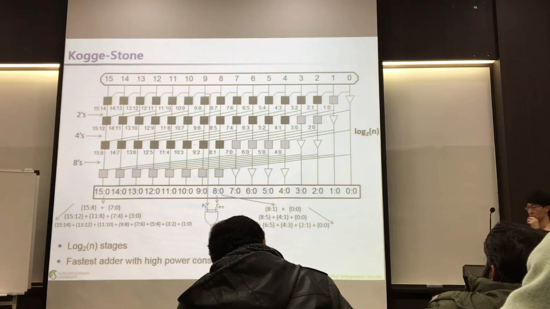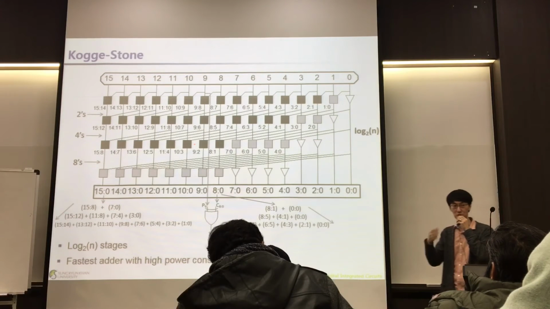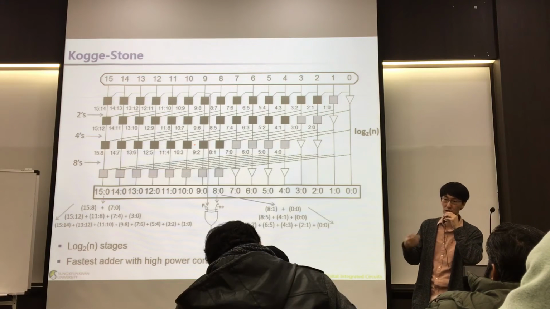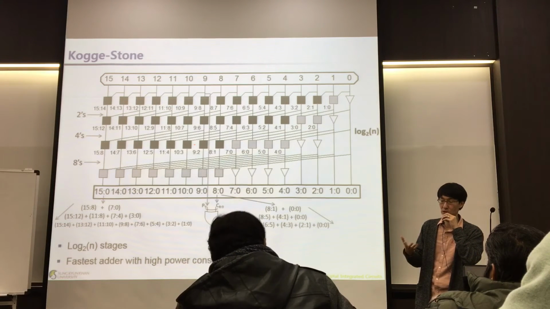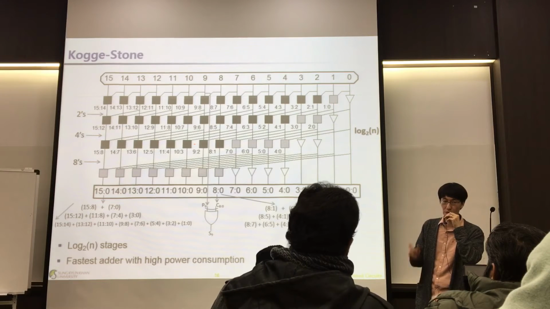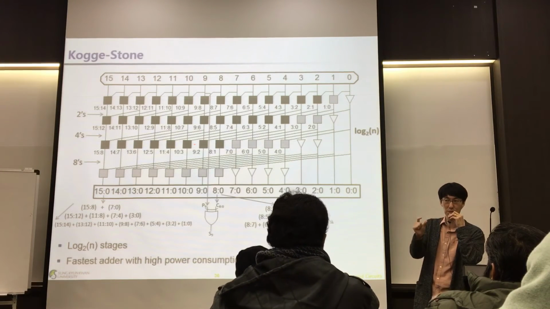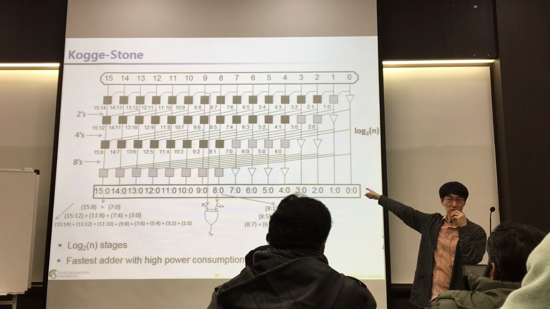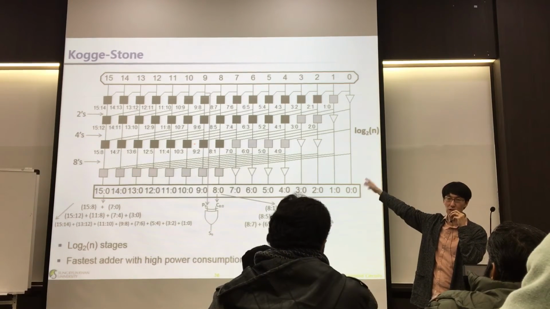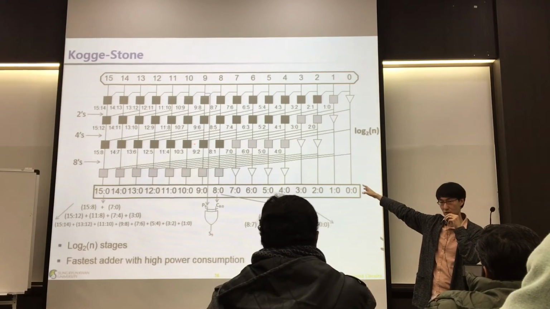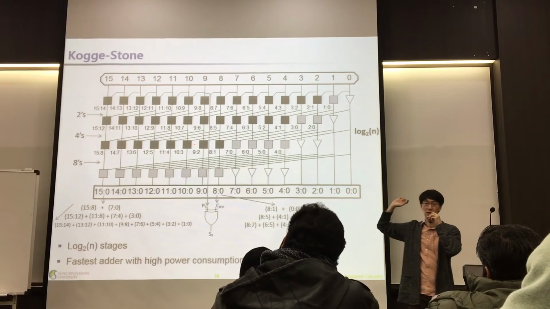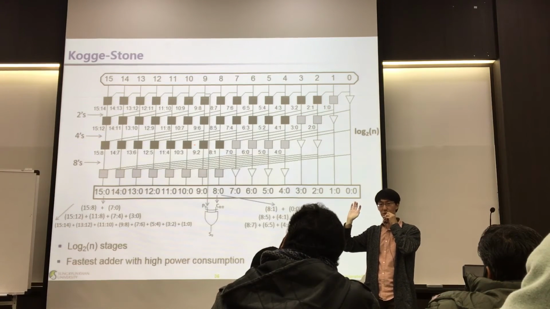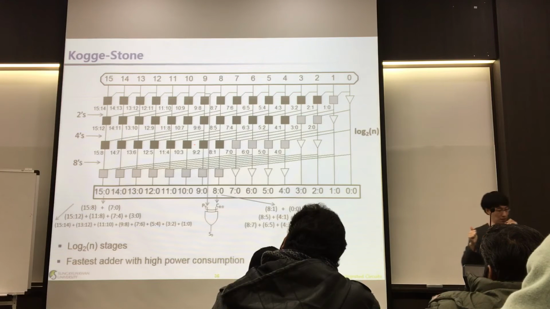Even with design compilers or CAD tools, when you synthesize your Verilog behavioral description, if you give a very short clock period, it will just take this structure. So this is a commercially widely used structure for the fastest adders, and of course that means you burn a lot of power here.